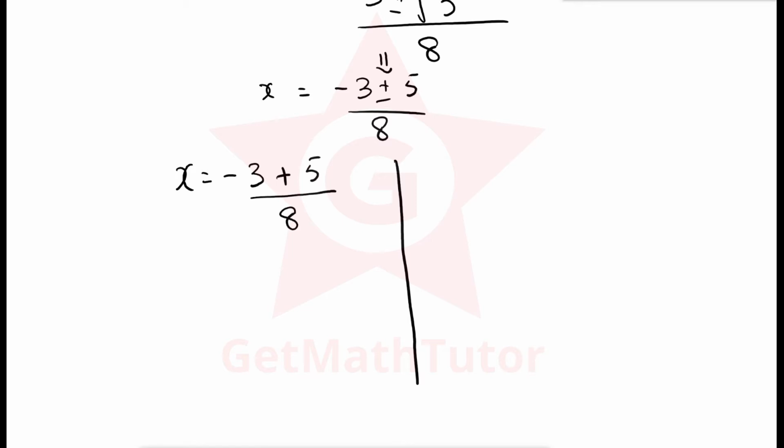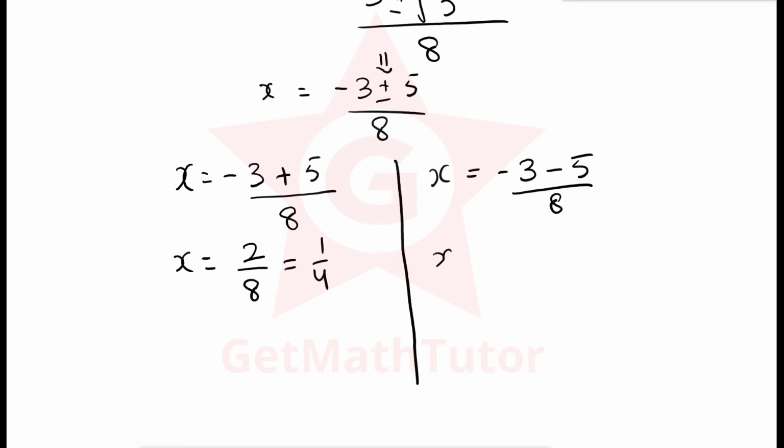And then we'll write another value of x with minus 5: minus 3 minus 5, divided by 8. Now we simplify further. x equals 2 over 8, which is 1 over 4. And here we have x equals minus 8 over 8, which is equal to minus 1.